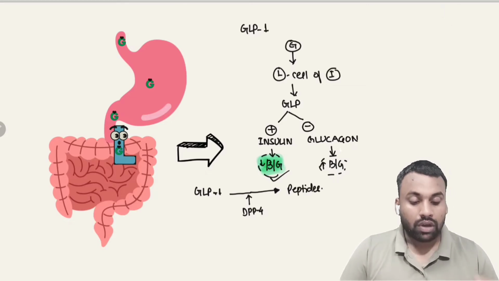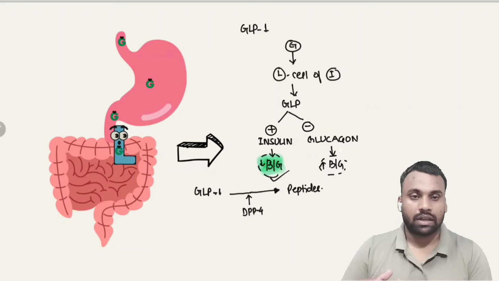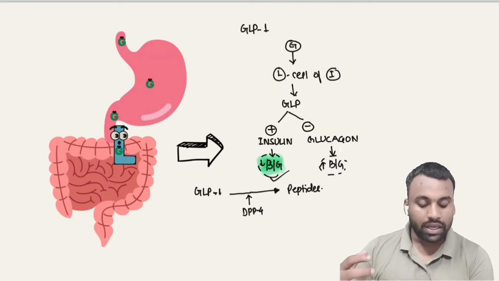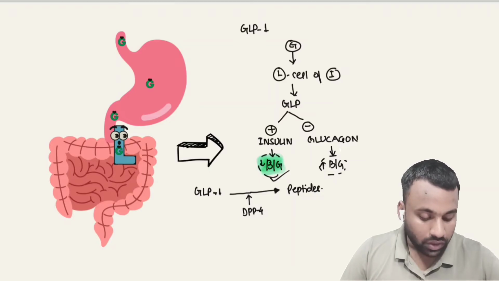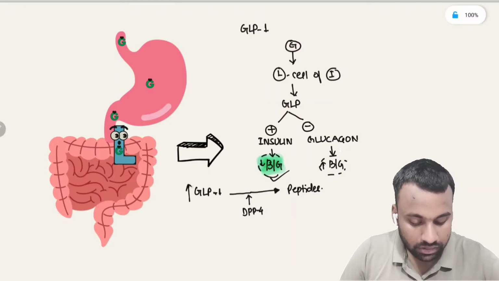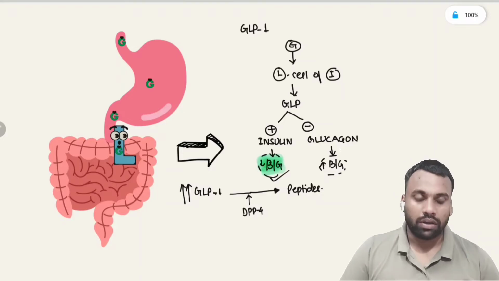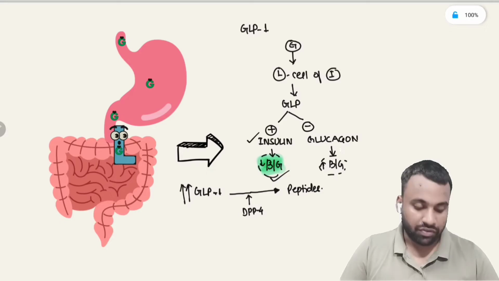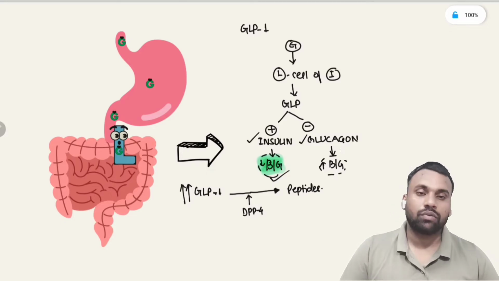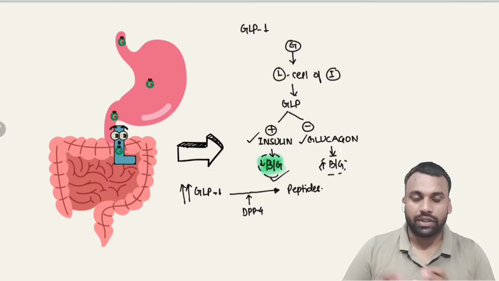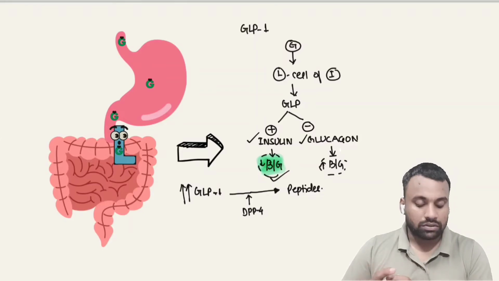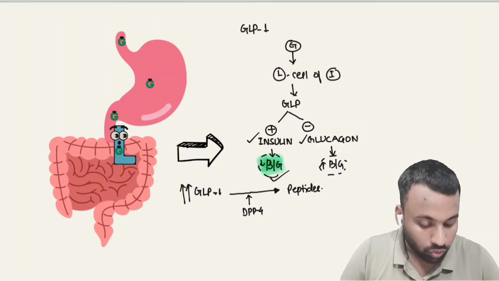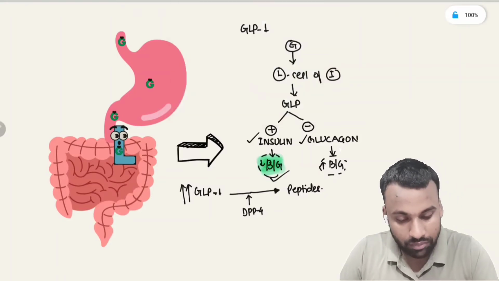For treatment purposes in diabetes mellitus type 2, we want to increase GLP-1 to induce the activation of insulin and the deactivation of glucagon. For this, scientists developed the DPP-4 inhibitors.